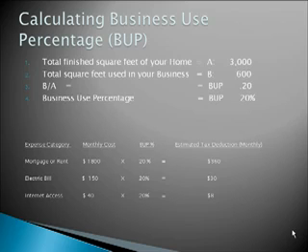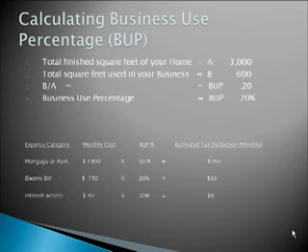So you're going to take 600 divided by 3,000, and you're going to come up with 0.20, and that's converted to 20%. So basically in this example, the 600 square feet represent 20% of the space that you're using out of your home. So this 20% you'll be able to write off on your taxes.